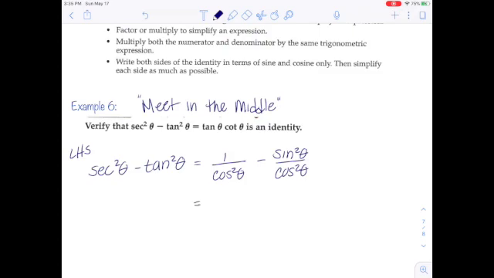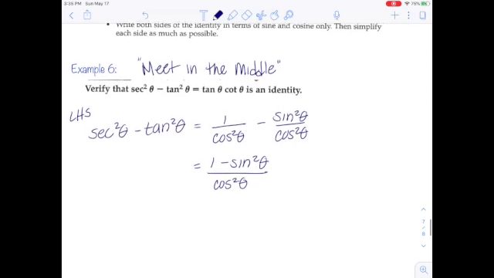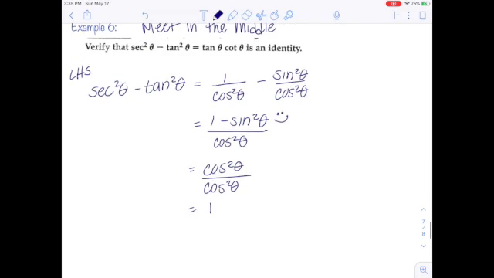All right, now that would be equal to, let's see, we have common denominators, so just subtract across the numerators. 1 minus sine squared theta over cosine squared of theta. Okay, so then I've got my Pythagorean identity there. That's just cosine squared of theta over cosine squared of theta, which is just 1.